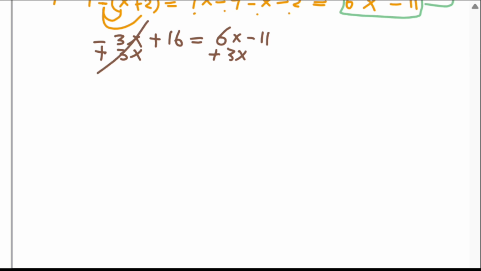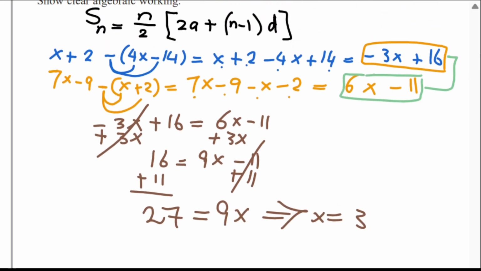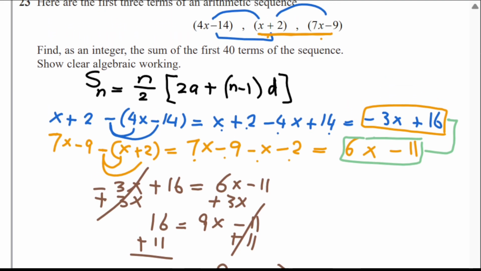This will cancel. We will just have 16 on this side is equal to 9x minus 11. Do plus 11, plus 11, this will cancel. So 16 plus 11 is 27 equals 9x. That means x equals 3. This is the beginning of finishing this question.